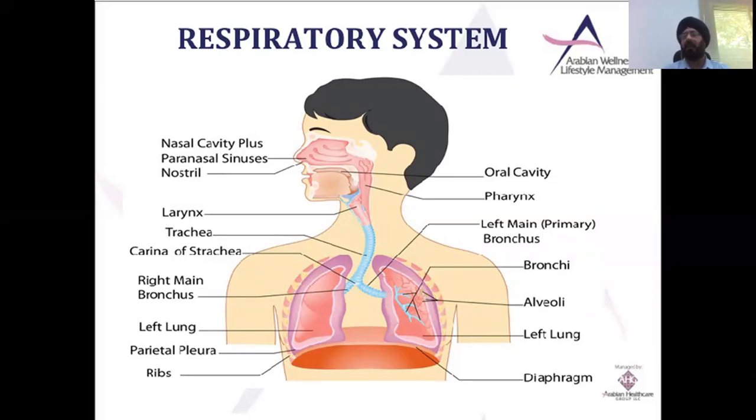The right lung is divided into three lobes: superior lobe, middle lobe, and inferior lobe. Whereas the left lung has only two lobes, the superior and the inferior, just because half of the heart is towards the left side. To give it room, there are two lobes of the left lung.